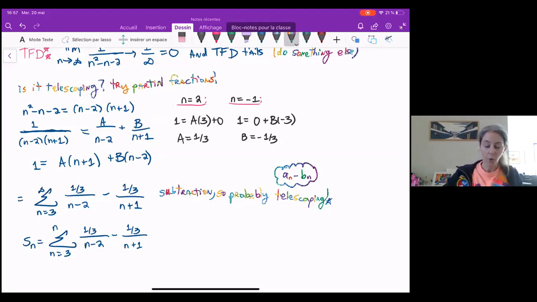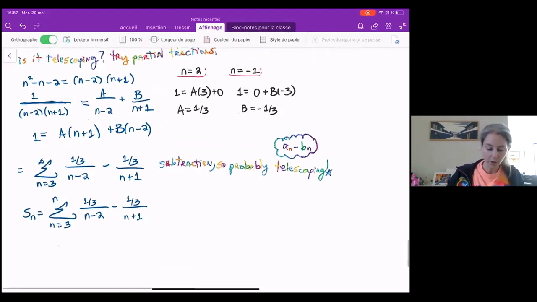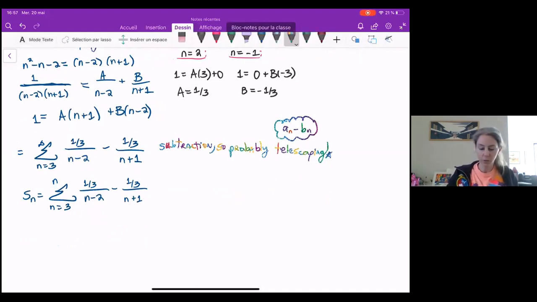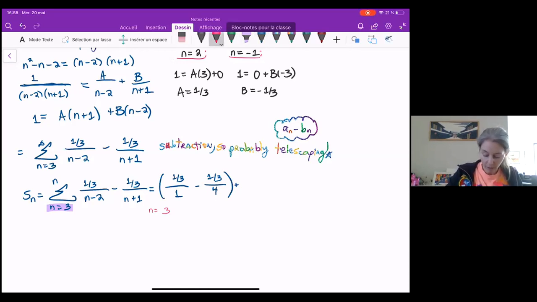Okay, so now this is where it gets a little challenging. We start expanding until we can cancel something out. So notice I start at n equals 3 down here. So the first number I'm going to plug in is 3. And I'll have 1 over 3 over 3 minus 2, that's 1, minus 1 over 3 plus 1, that's 4. Plus the next number I'll plug in is 4.